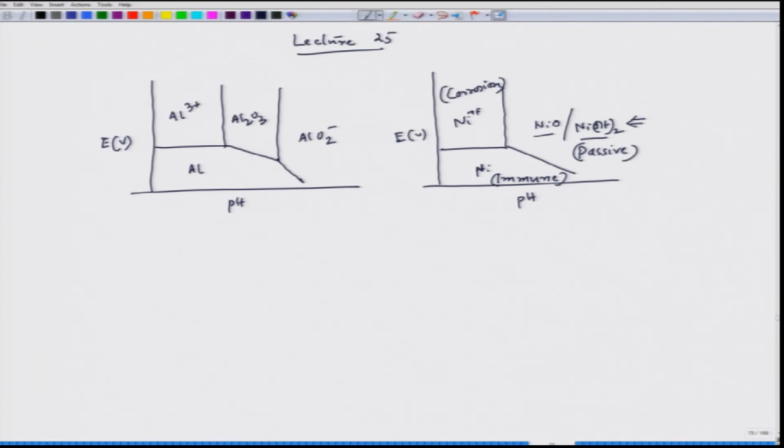But similar comparison can be drawn in case of aluminum. Only at one place we will have little difference. Now, aluminum, this zone is aluminum, so definitely this is immune zone.